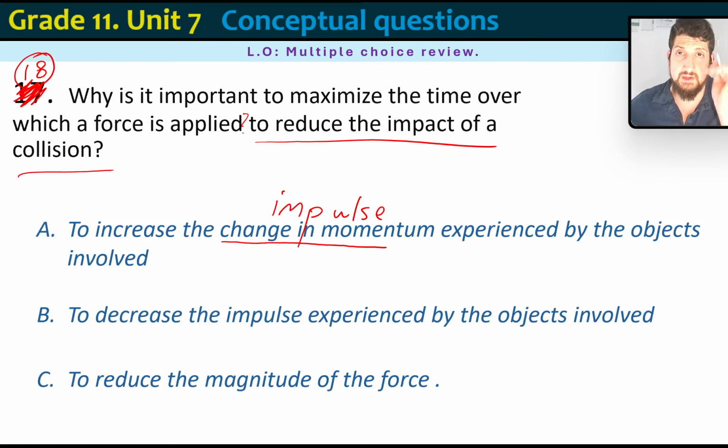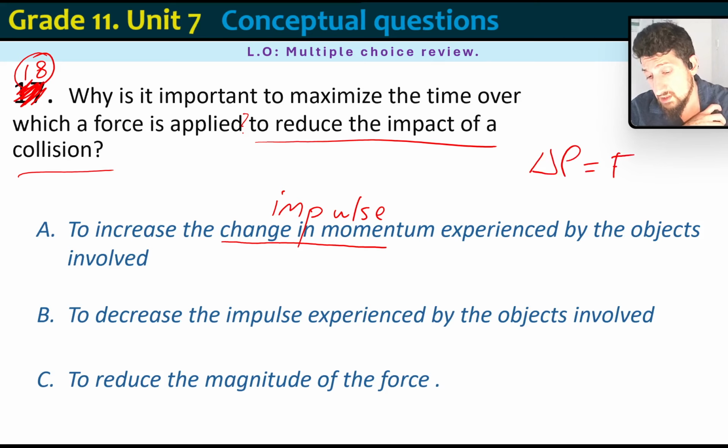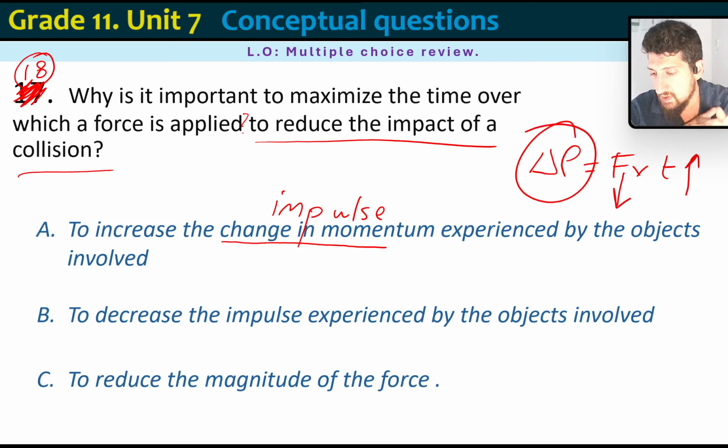If we increase the time, we reduce the force. Impulse stays the same. Do we increase it to increase the impulse? No, the impulse remains the same. You see, impulse is equal to force times time. If you increase this, you decrease this. This stays the same. So if you maximize the time, that's the whole point.